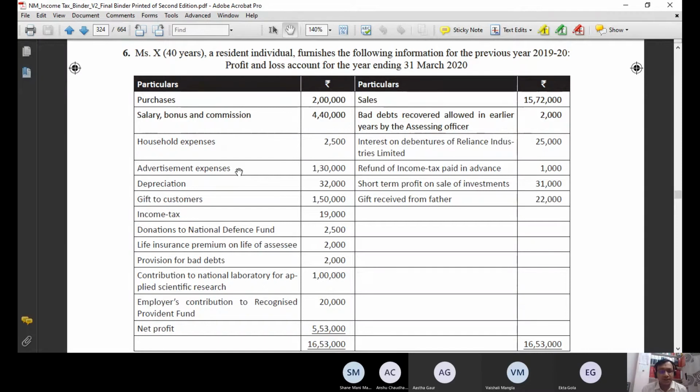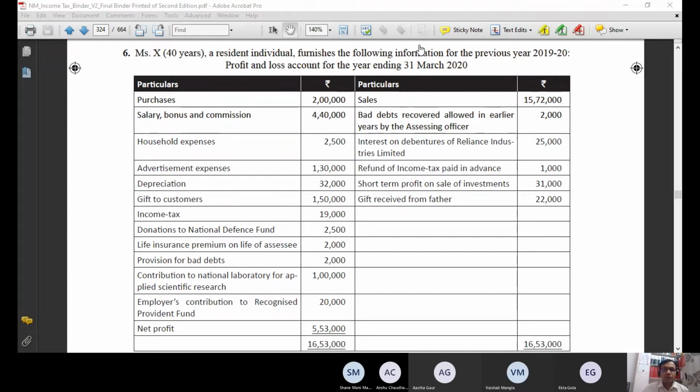Household expense. Can you sense some difficulty here? Household expenses. Is it correct that household expenses are shown on the debit side? Is it correct? No, sir. No, because household expenses cannot be shown on the debit side of the P&L account. Why? Can you tell me why it cannot be shown?